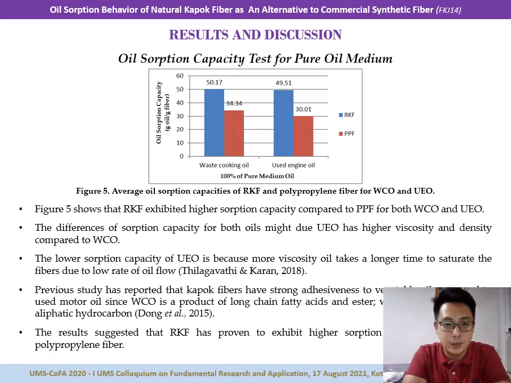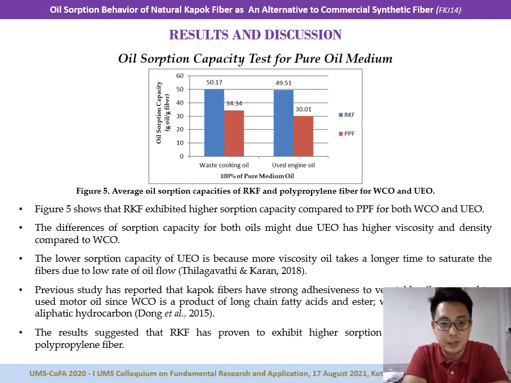The differences in sorption capacity for both oils might be due to the used engine oil having higher viscosity and density compared to the waste cooking oil. The lower sorption capacity of used engine oil is because more viscous oil takes a longer time to saturate the fibers due to the low rate of oil flow.